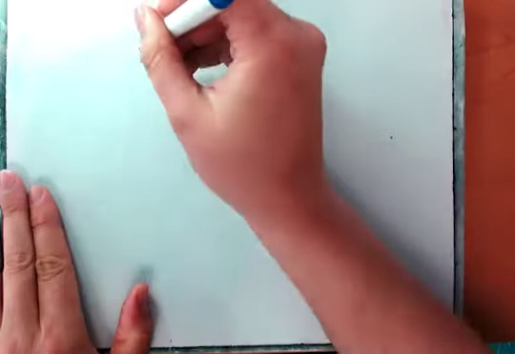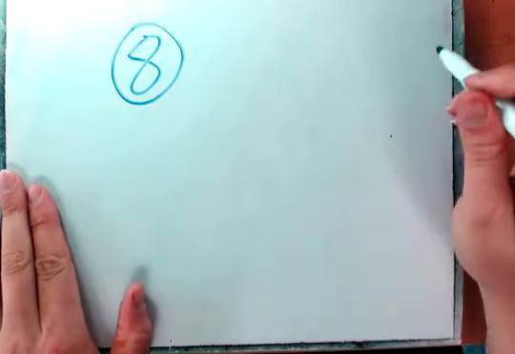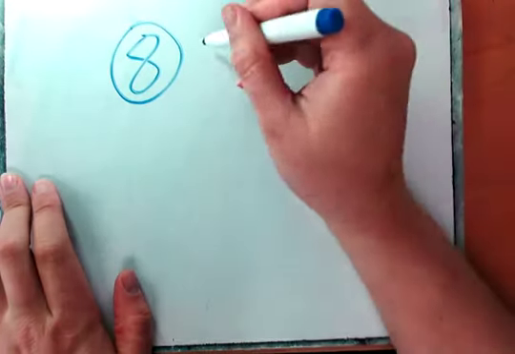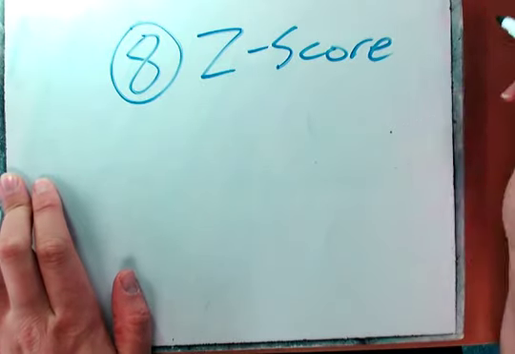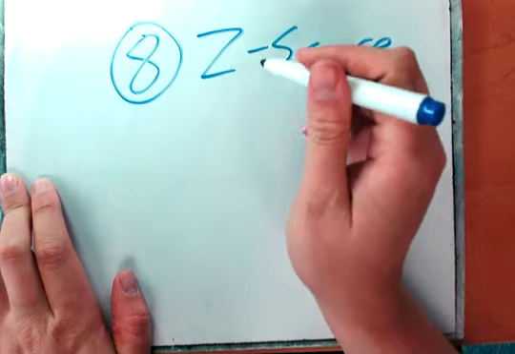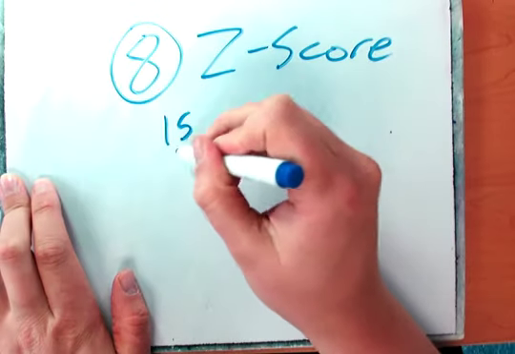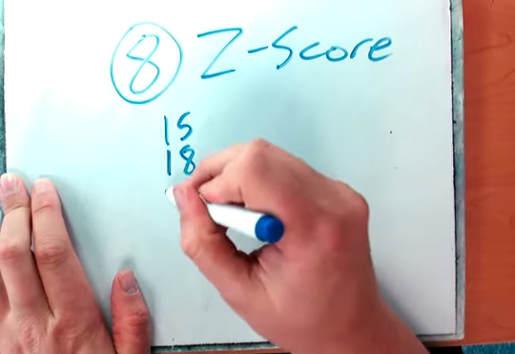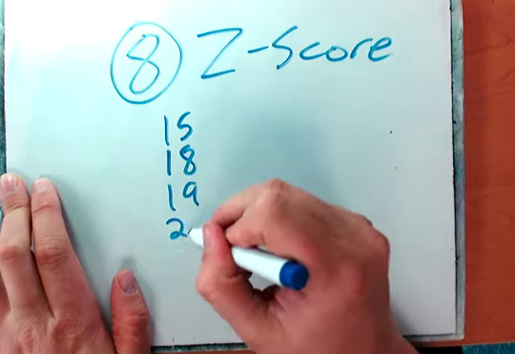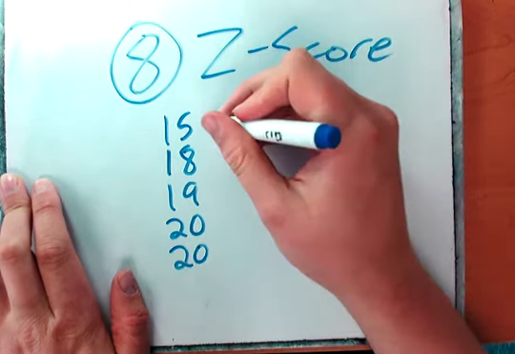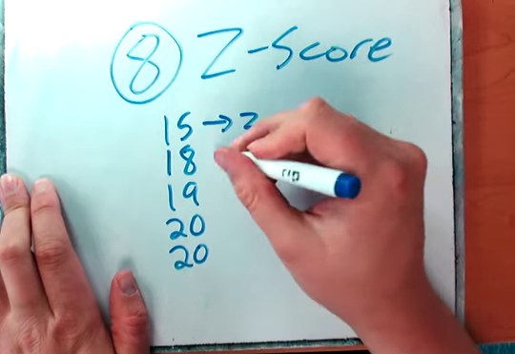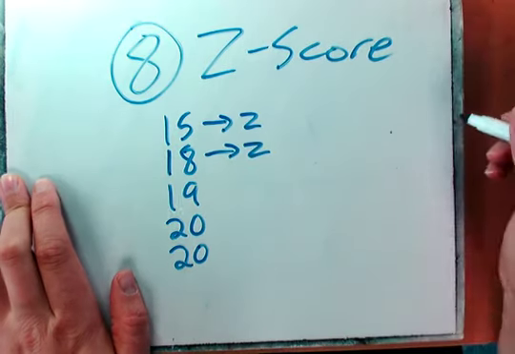So, question 8. Question 8 is z-score. Each piece of data in this, for example, 15, 18, 19, 20, and 20, each of these has their own z-score. So this is going to have a z-score. This is going to have a different z-score.